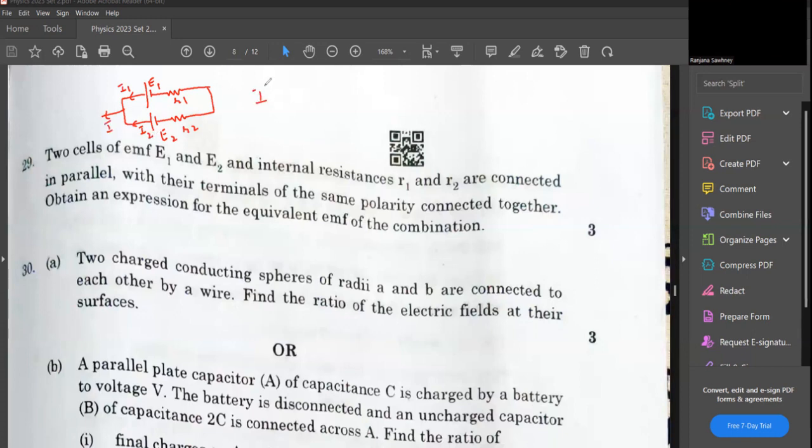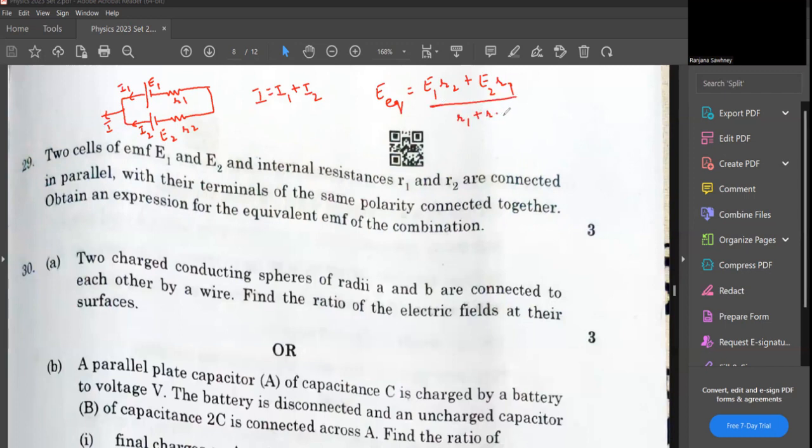So here I is equal to I1 plus I2. A simple derivation, and here you have to find the expression for the equivalent EMF. The equivalent EMF will be equal to E1 R2 plus E2 R1 upon R1 plus R2. This is a very simple derivation.